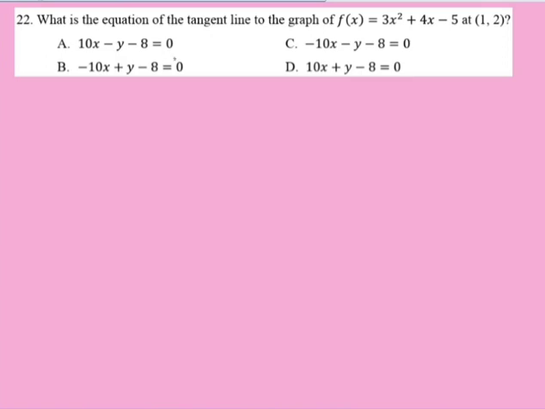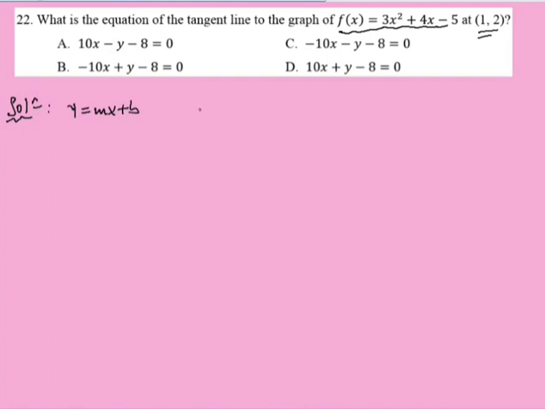What is the equation of the tangent line to this graph? Okay, we are asked the equation of a tangent line to this function at the point 1, 2. To determine the equation of a line, we assume the line will have the form y equals mx plus b, where m is the slope and b is the y-intercept.